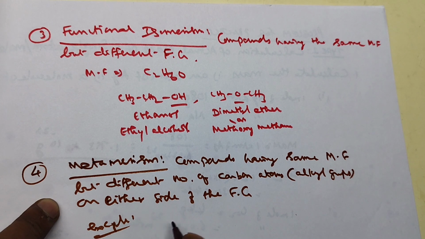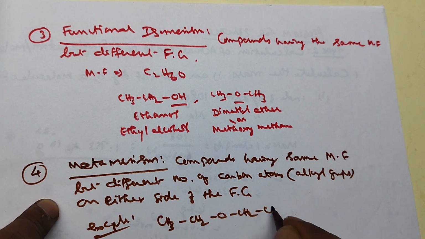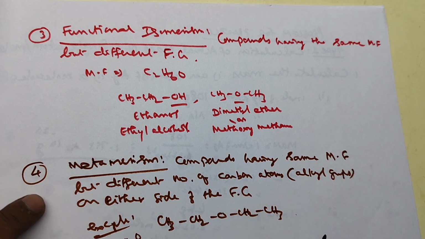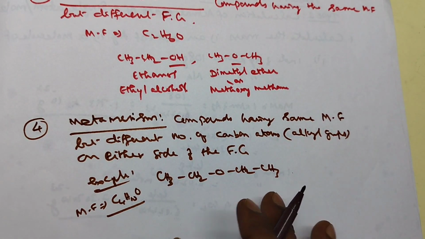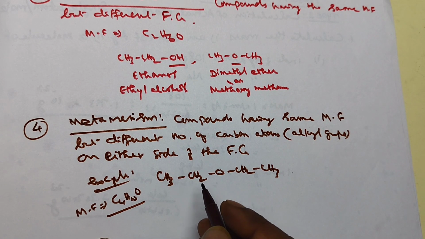You can take an example of CH3CH2OCH2CH3. You can think about its molecular formula: C4H10O. So the arrangement of atoms with respect to the functional group, oxygen atom, we have on different sides different alkyl groups.